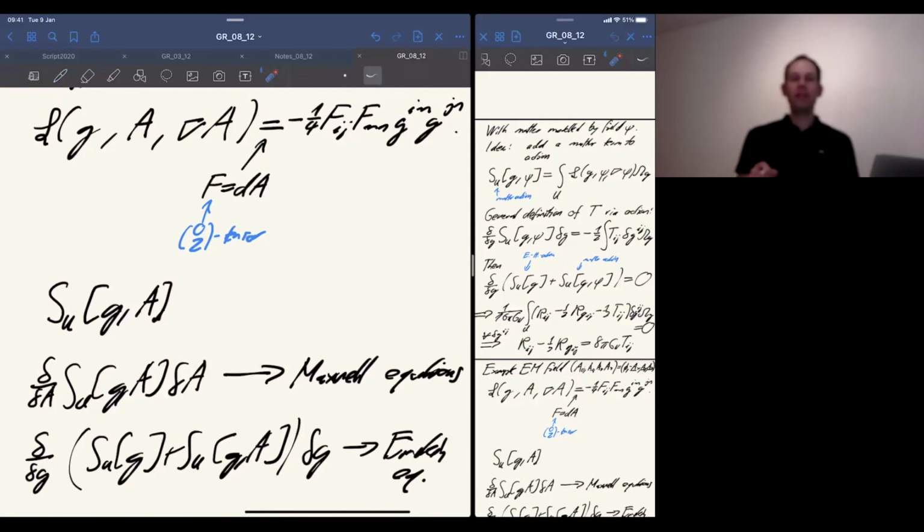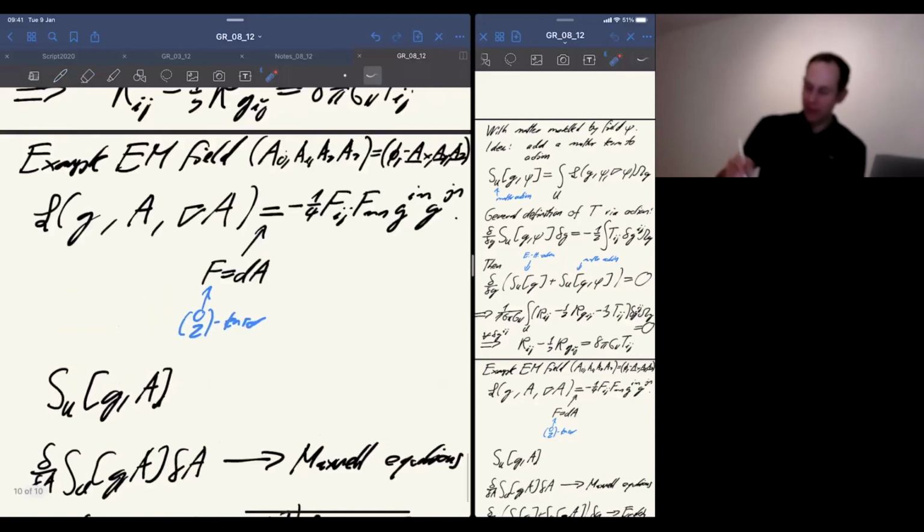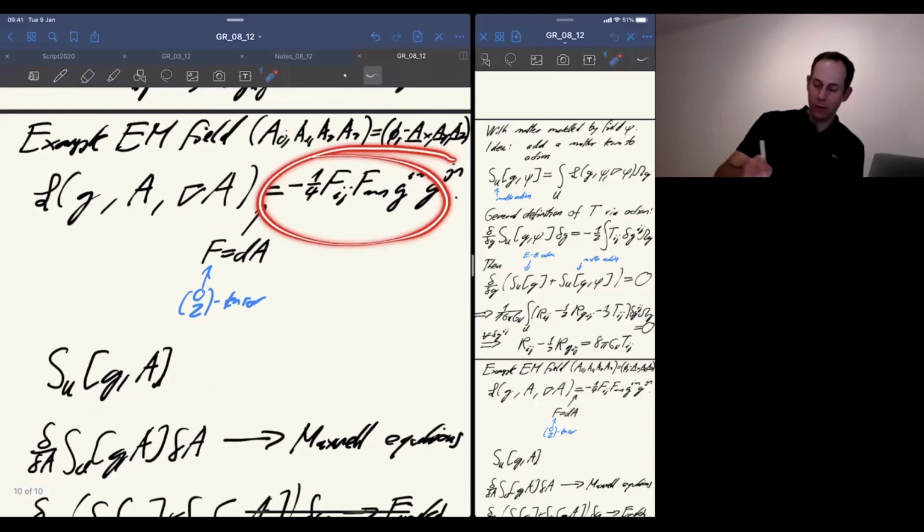So this means that there is de facto only one interaction. There is one thing that describes how electromagnetism interacts with the geometry of space-time. And this interaction is completely described by this Lagrangian.